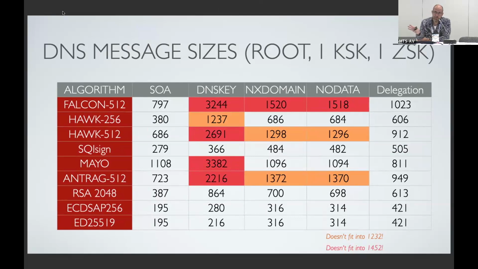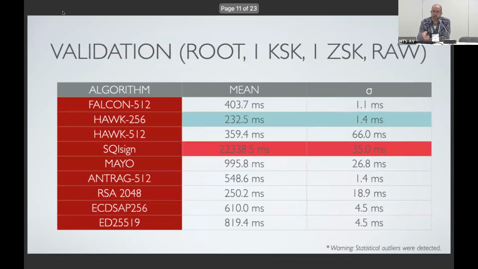For the measurements I'm going to show you next, I increased the size to what has been recommended in some of the IETF RFCs. It's 1422. And we can fit some of these algorithms into that size.